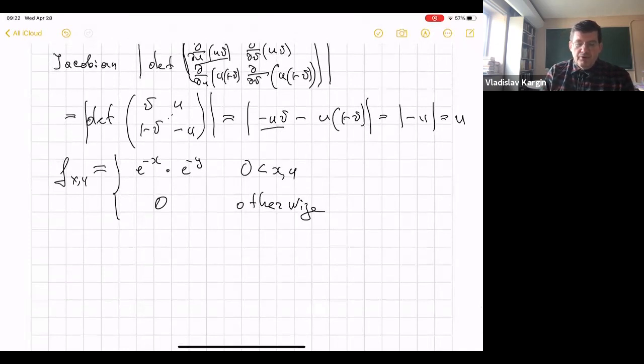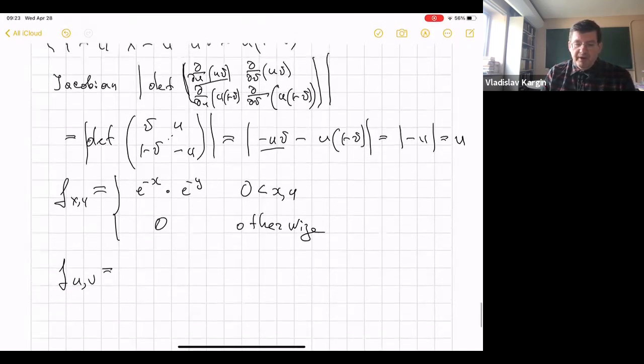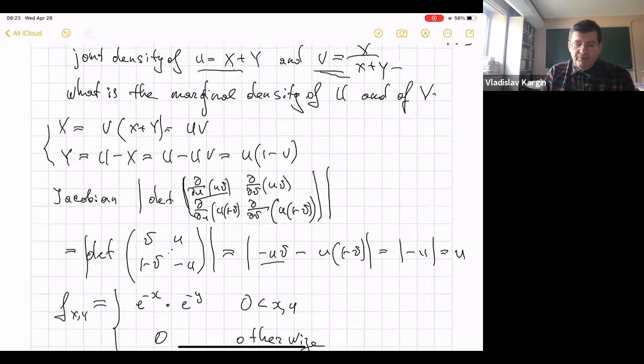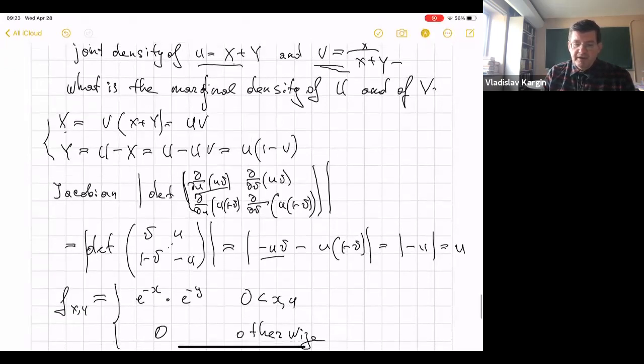Now, what about the joint density of u and v? We plug the formulas for x and y into this formula.